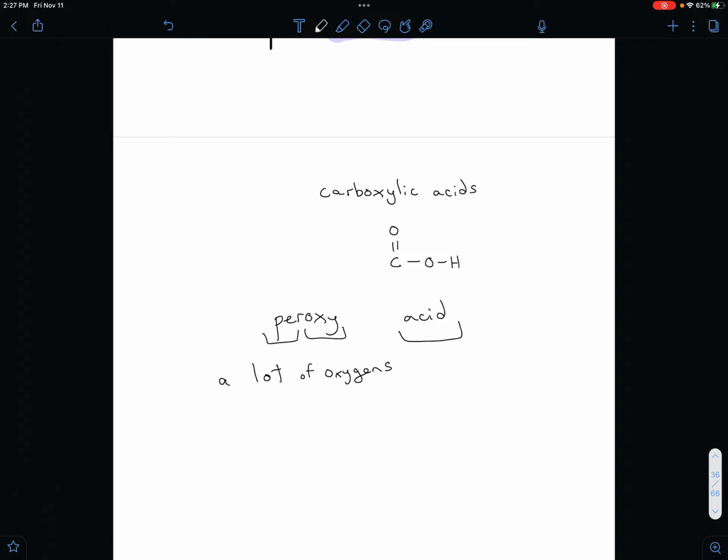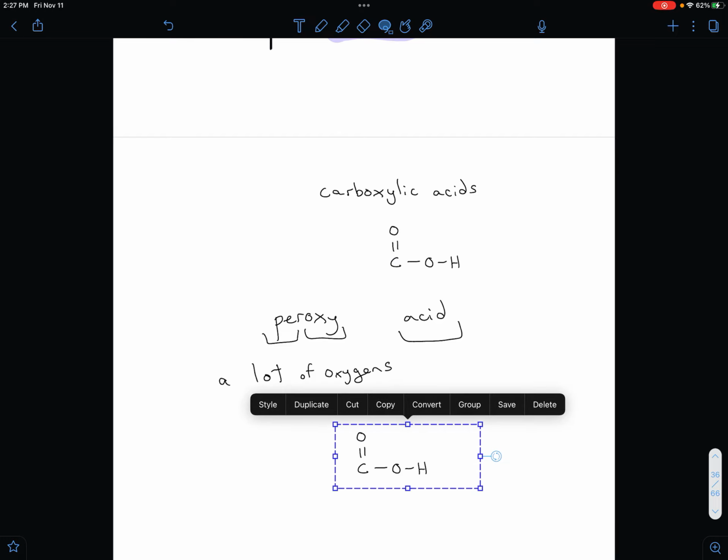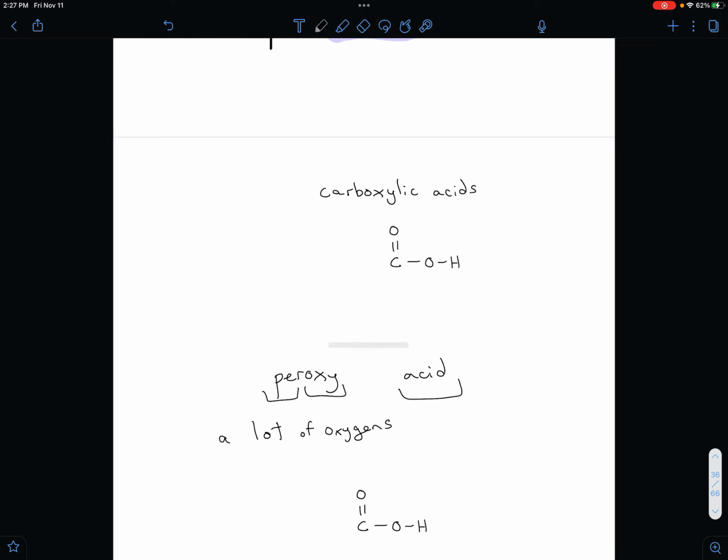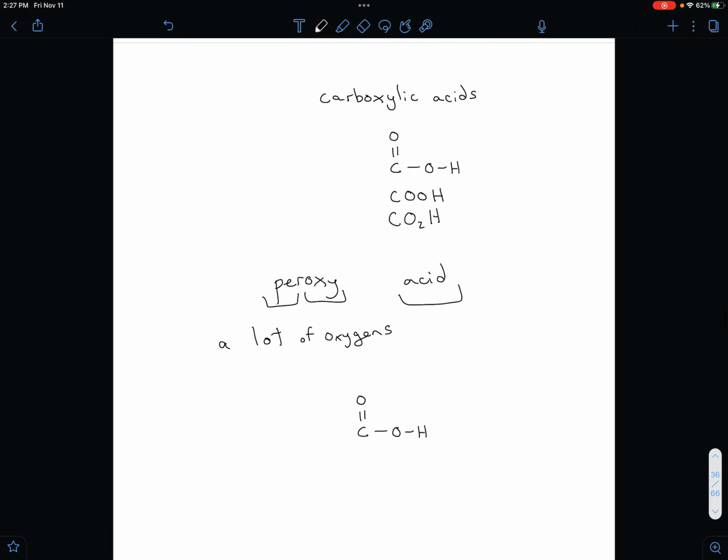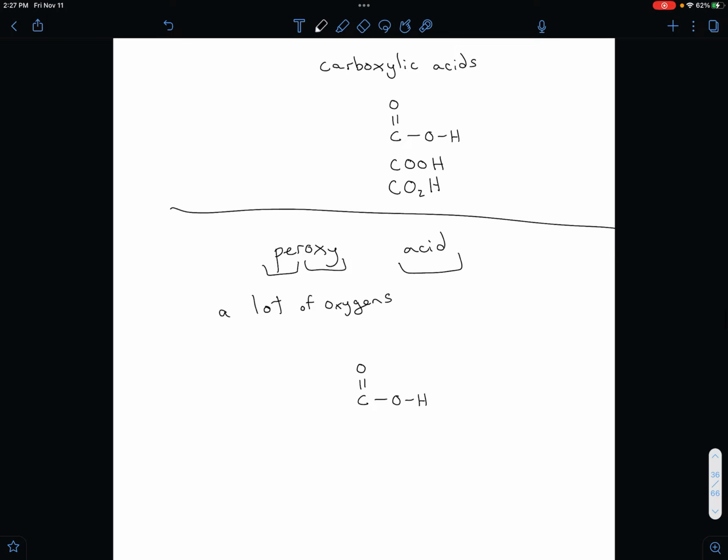in your organic acid. So if this is your normal acid, and this is sometimes abbreviated as COOH or even CO2H, if that's your normal acid, a peroxy acid is going to have an extra oxygen, per, a lot of oxygens.